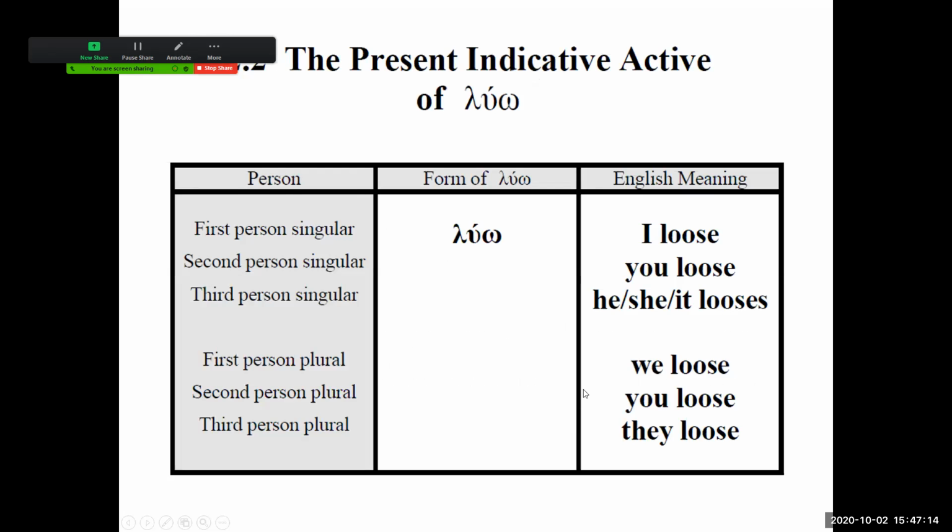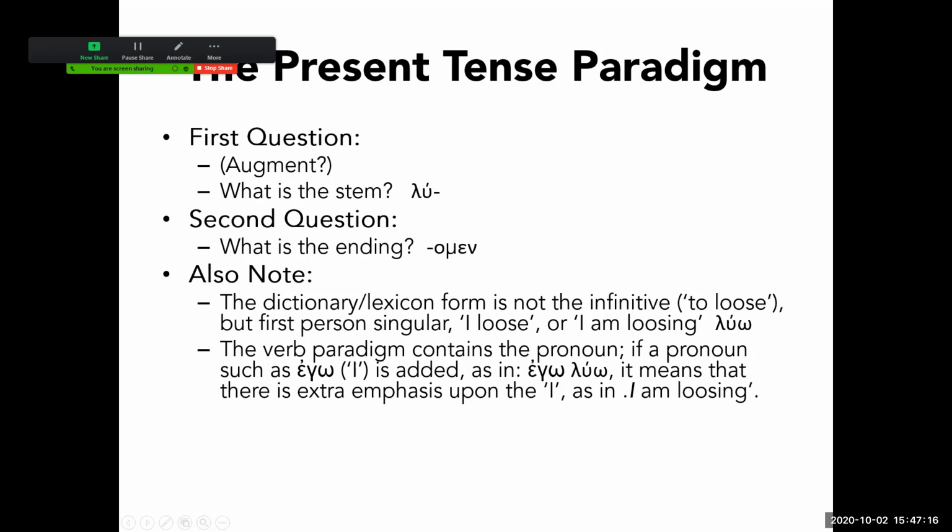And if we add a pronoun like ego, as you might imagine, because we still have this word in the English language, ego means I. And if we say ego luo, I loose, we are emphasizing when we add a pronoun in Greek.